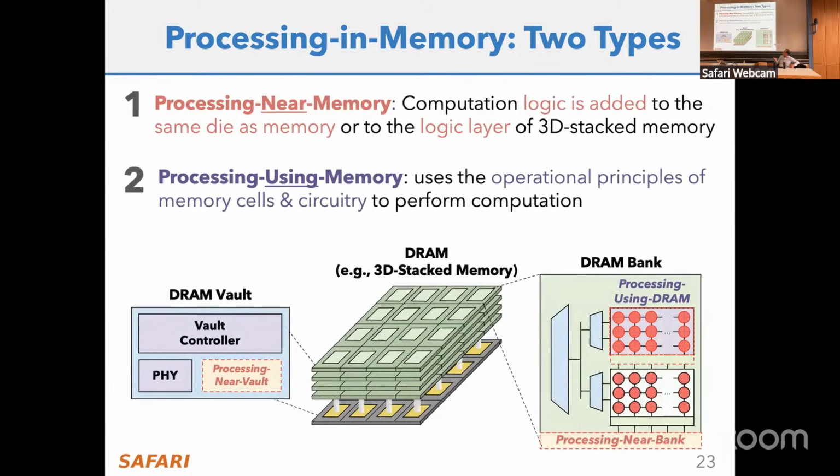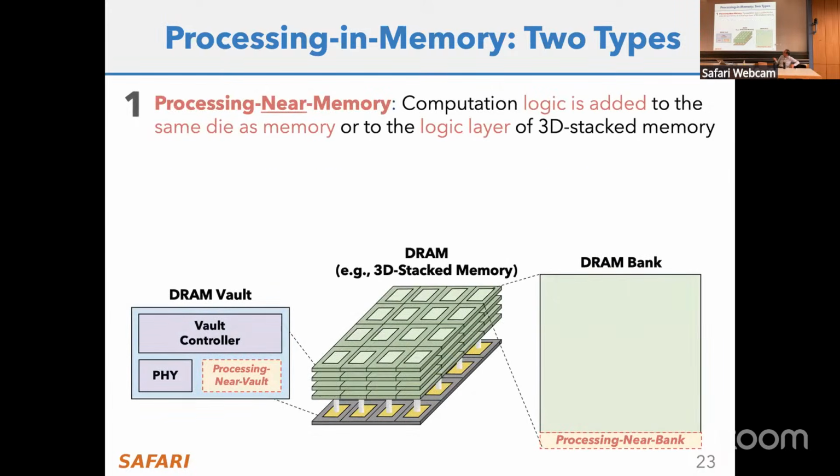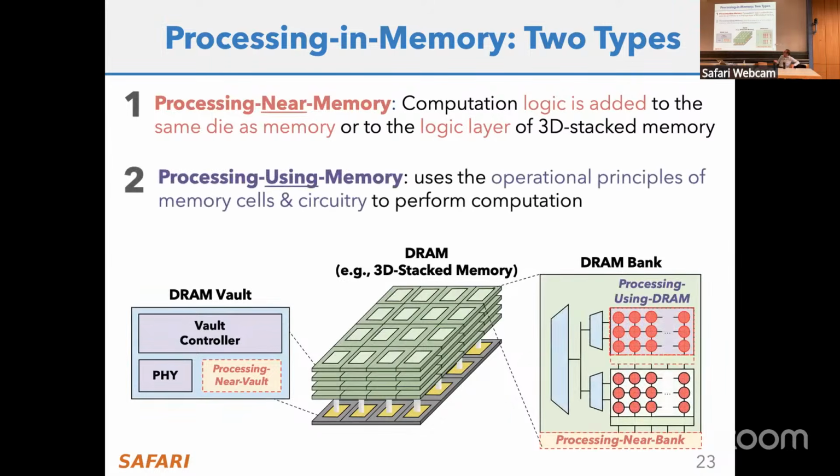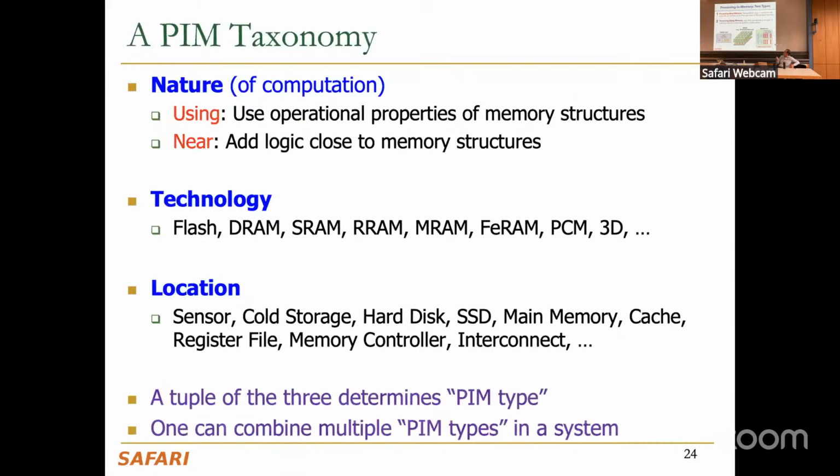So this is a pictorial view of the same thing I said over here. But you can see that processing near memory can happen anywhere as long as you have additional logic, whereas processing using memory is really using the cells inside the subarrays to do computation. Okay, so this is my broader taxonomy. I gave you nature of computation, but then there's technology also. Which technology do you use? There are many potential technologies.